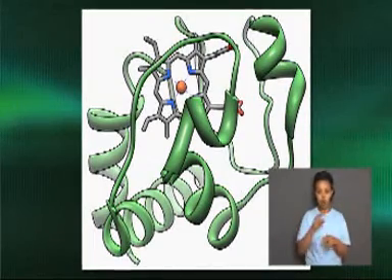Further studies of cytochrome in different species reveal variations in the amino acid sequence of this molecule. For example, the cytochrome in monkeys and cows is more similar than the cytochrome in monkeys and fish.